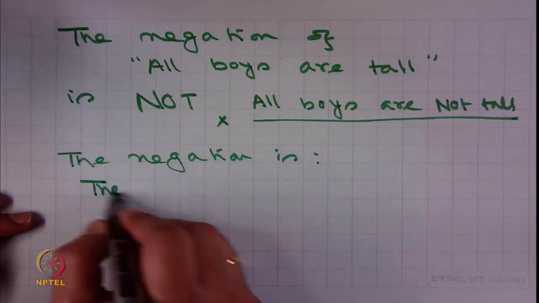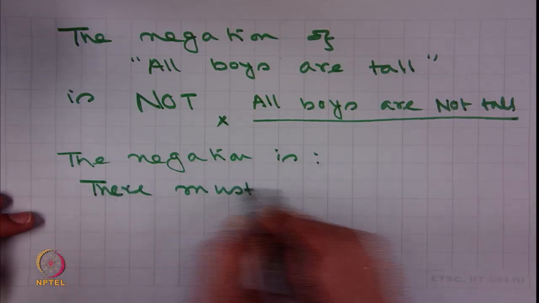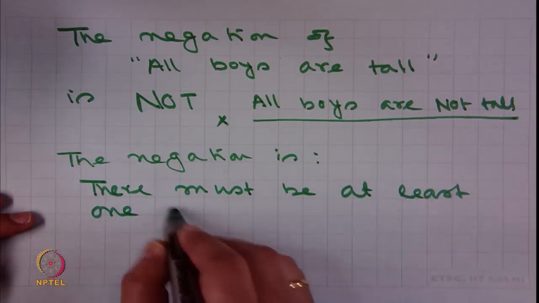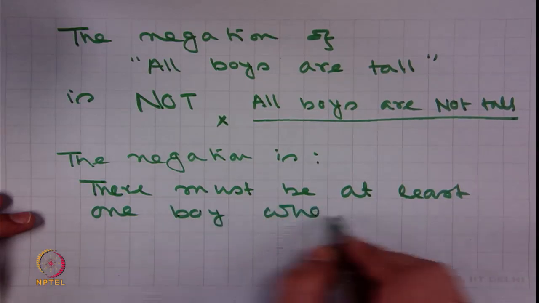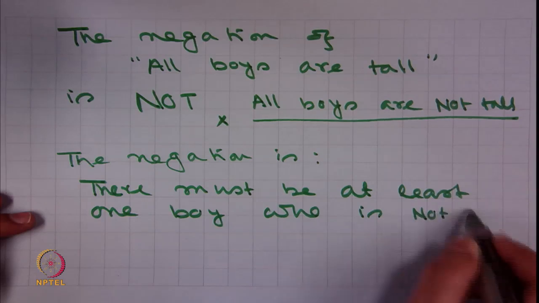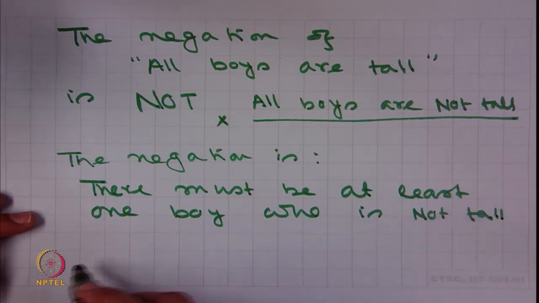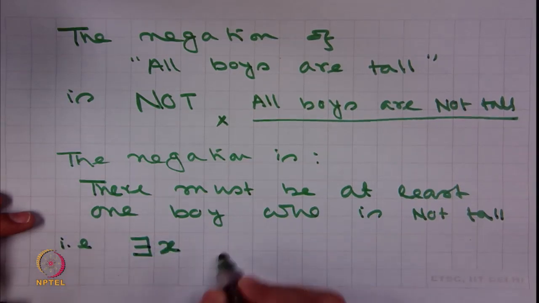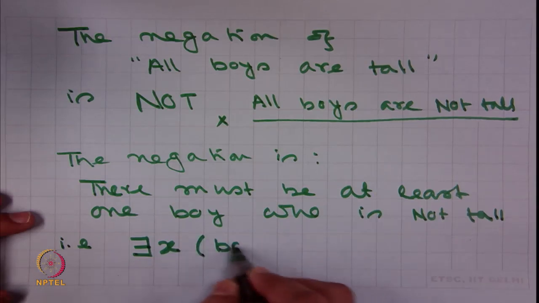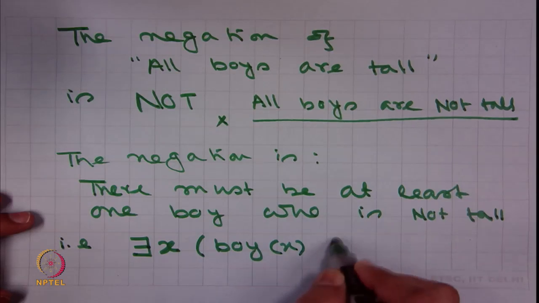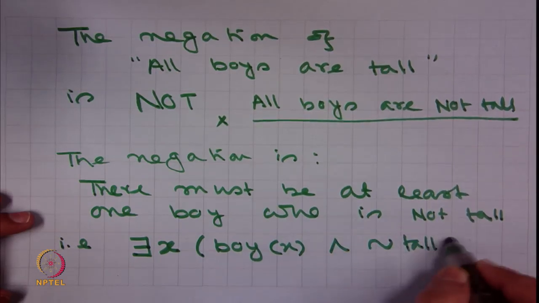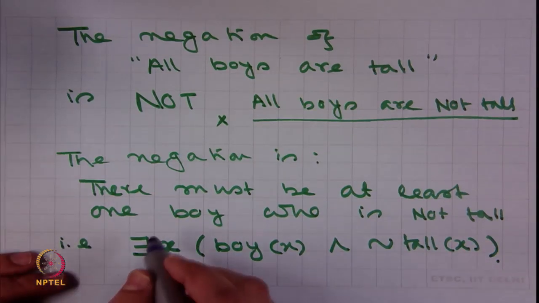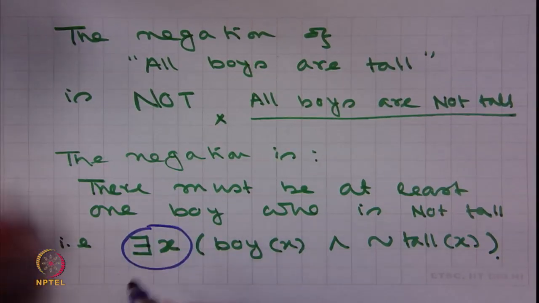there must be at least one boy who is not tall. That is, there exists x, boy x and not tall x. So, this gives another quantifier.